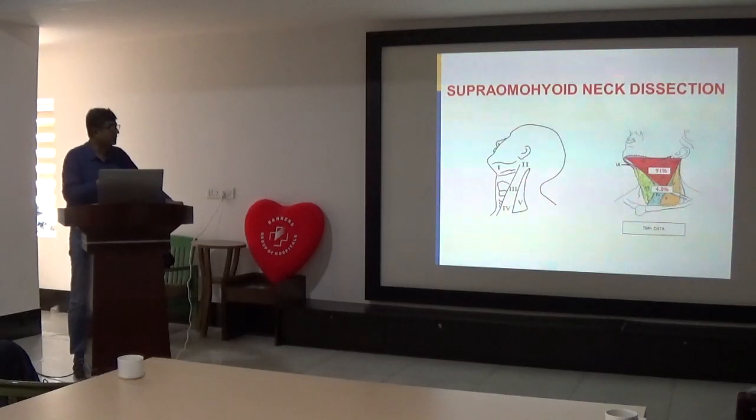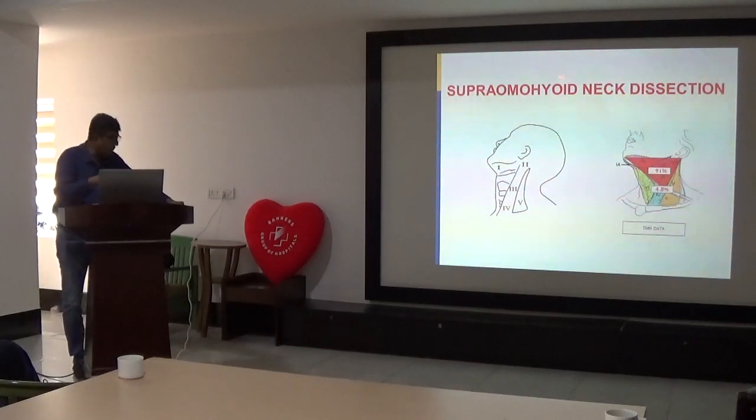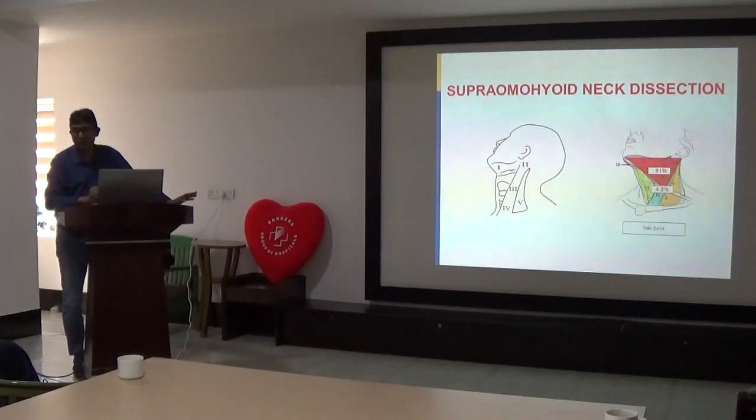So this is the most important, or the minimum, neck dissection we do whenever we address the neck. Supraomohyoid neck dissection has to do with the omohyoid muscle.